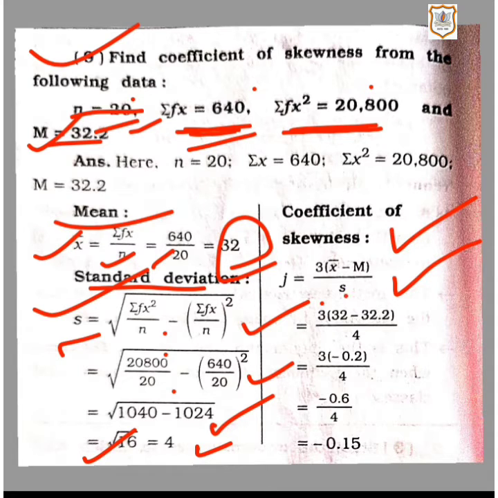Mean is 32 minus median, which is given in the question, that is 32.2, upon standard deviation we have taken out, that is 4. So this becomes 3 multiplied by minus 0.2 upon 4, and this becomes minus 0.6 upon 4. So J is negative 0.15. So we are done with the value of coefficient of skewness. Let's continue with sum number 10.